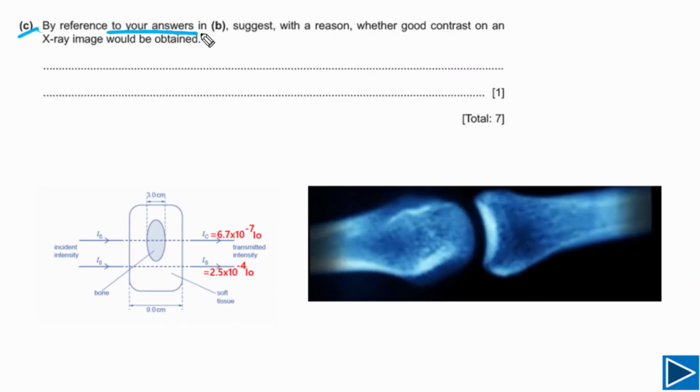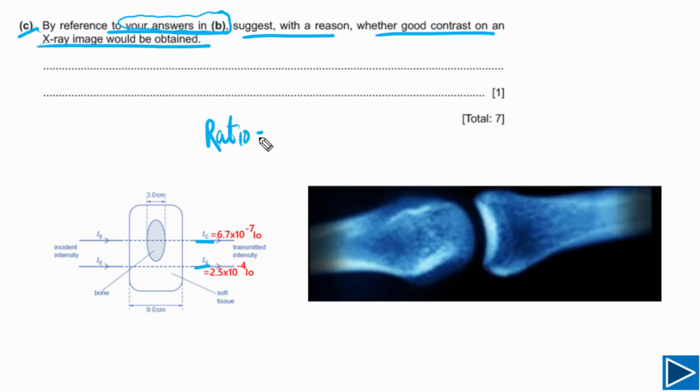By reference to our answers in B, we need to suggest with a reason whether good contrast on an X-ray image would be obtained. For that purpose, we need to use our answers from part B. In part B, we have calculated the value of IC. We have also calculated the value of IS. First of all, let's look at the ratio between IS and IC. IS divided by IC.